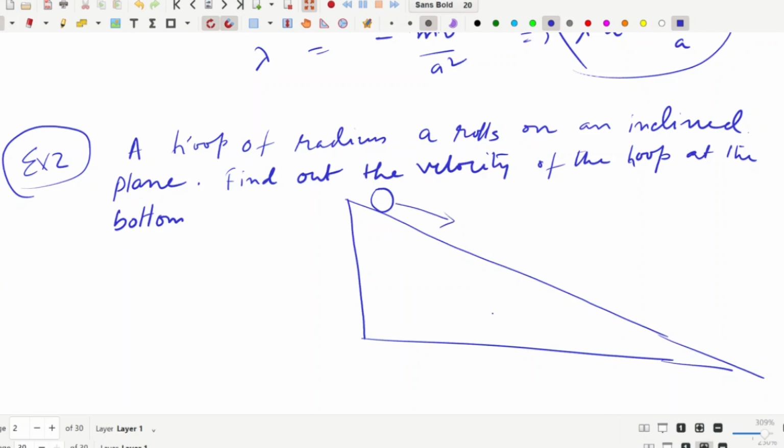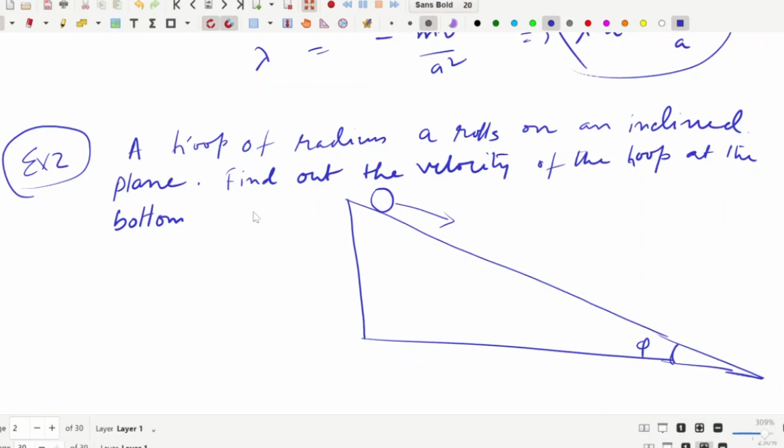Suppose the angle of inclination is a constant angle phi, and if this hoop rolls down to the bottom, you have to find the velocity when it reaches the bottom. This problem can be solved by energy consideration, or by considering the Lagrangian, and also using the Lagrange multipliers method.